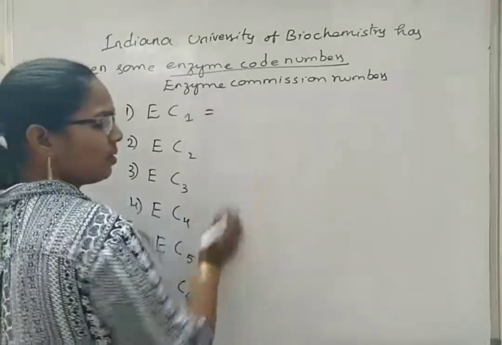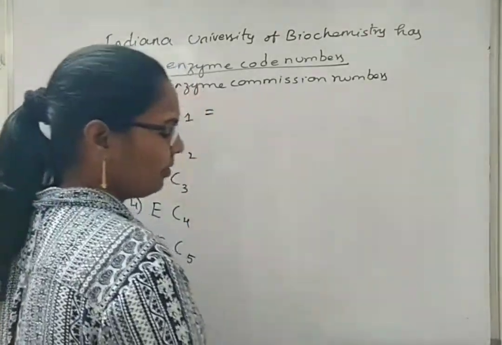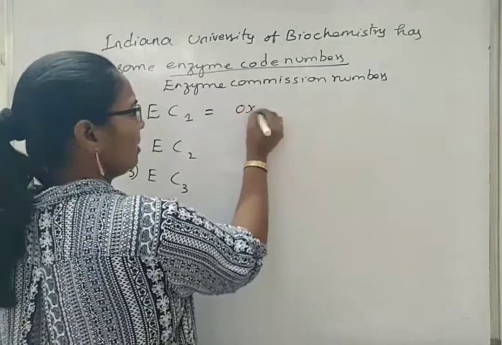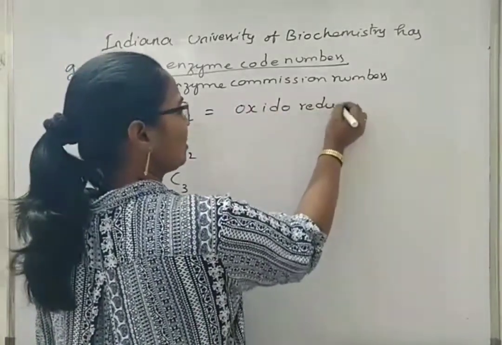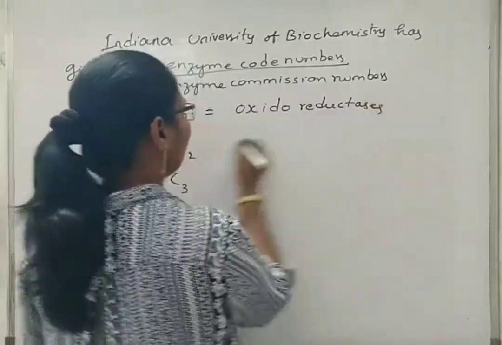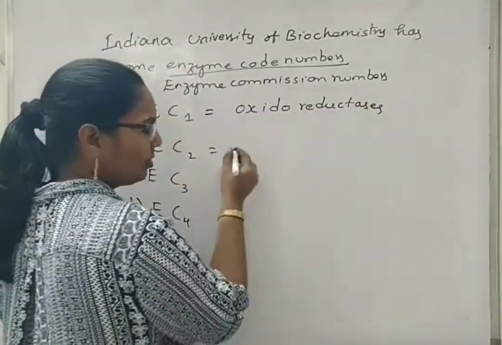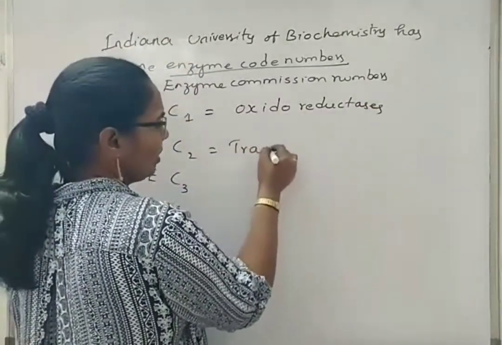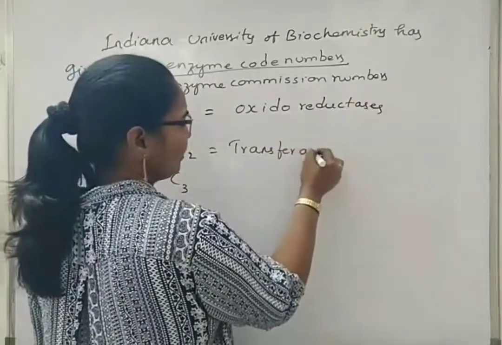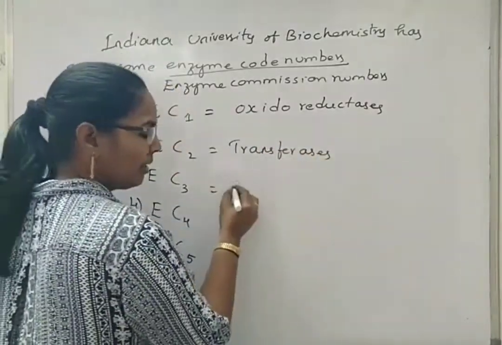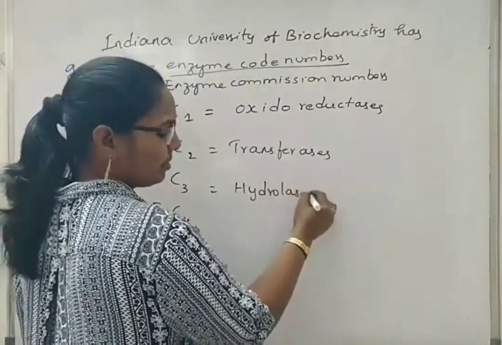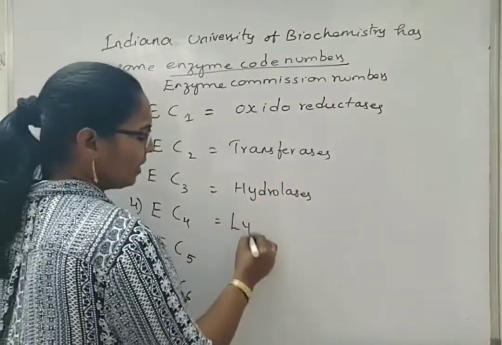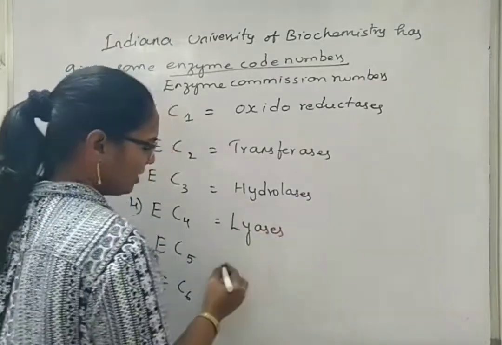Under enzyme code 1, the enzymes involved are oxidoreductases. Under enzyme code 2, the enzymes involved are transferases. Under the third, hydrolases. Under the fourth, lyases.